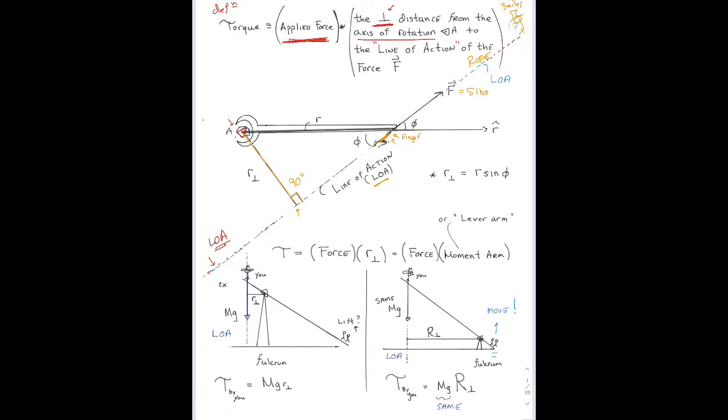The wrench acts the exact same way, regardless of whether the person's hand is at that point pushing with a force of 5 pounds, or they're 3 miles away pulling with the same force, the force along that line.